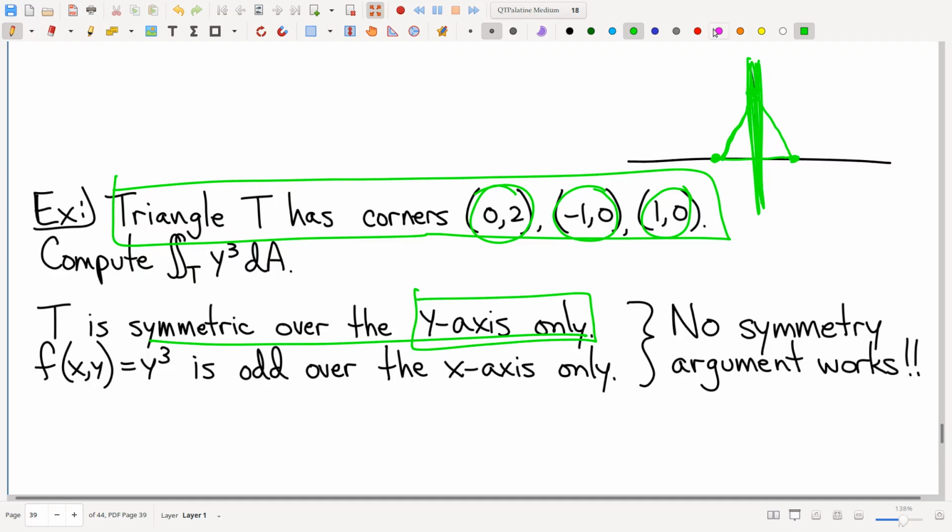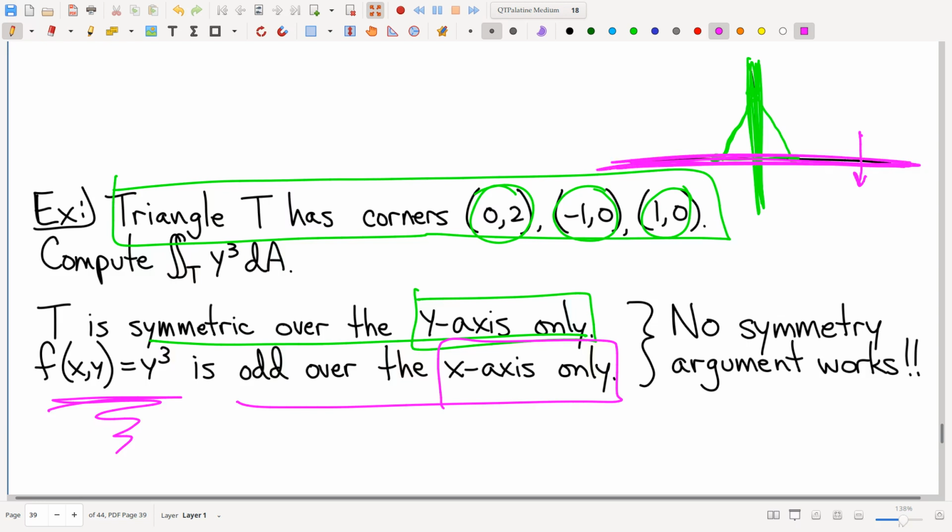Now if we look at where the oddness of that function comes from, the oddness comes from getting an extra minus sign on your y, which means the reflection would have to literally put a minus sign on your y coordinate, which means that's odd only over the x-axis. Those are not the same line, and the theorem only works if it's the same line, so there is no symmetry argument here at all. That's a dead end in this case.